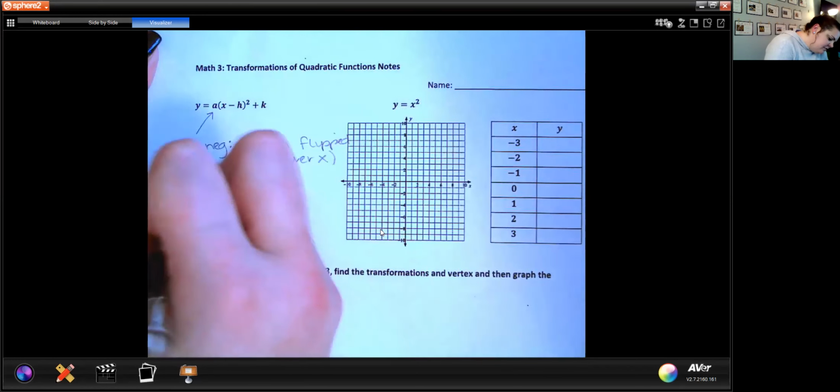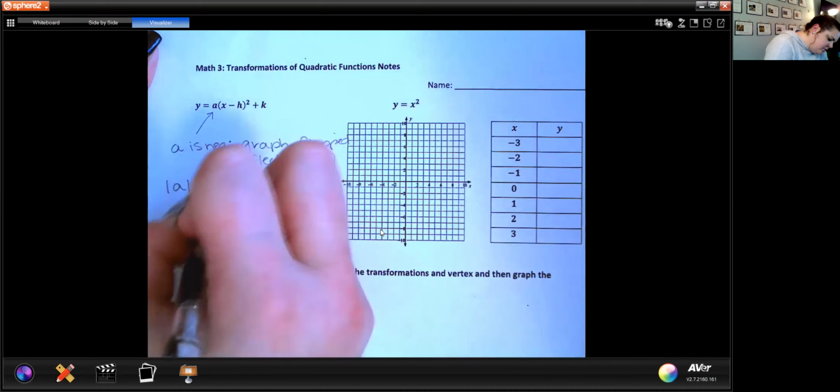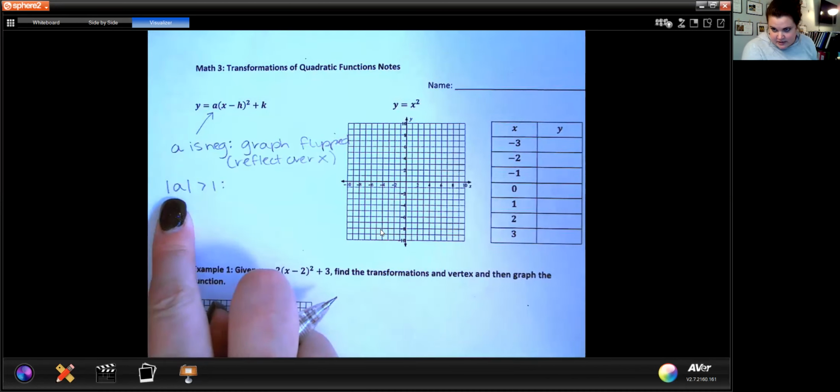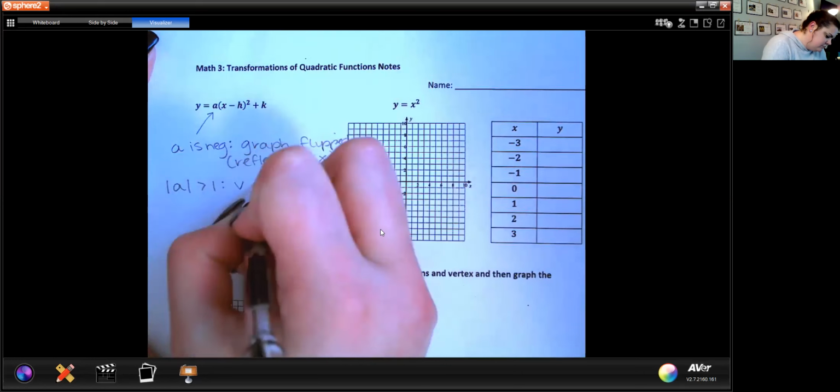If the absolute value of A is greater than 1, so it doesn't matter if the A is positive, it doesn't matter if it's negative, we're just worried about the size of the number. If it's 2, or if it's 1.5, or if it's -7, or if it's -3/2, anything like that, we call a vertical stretch.